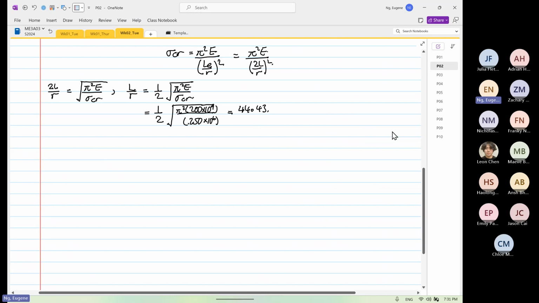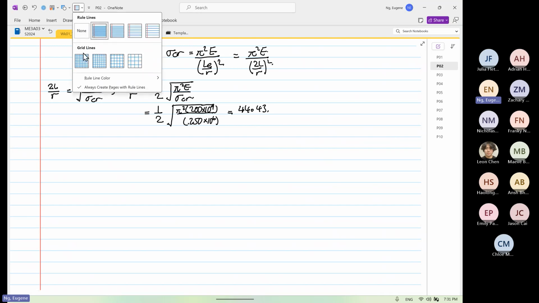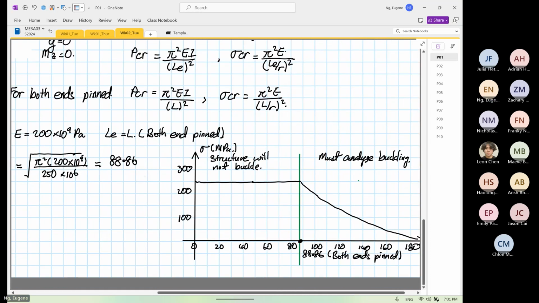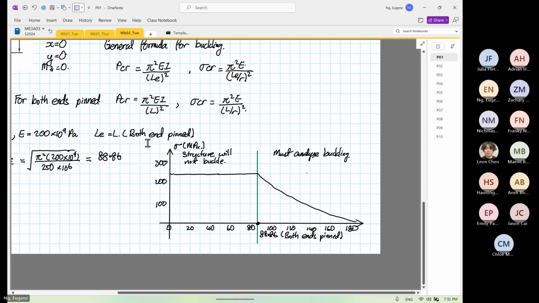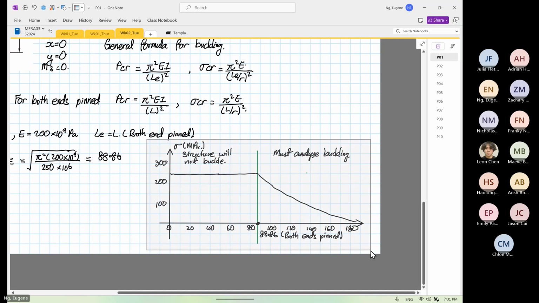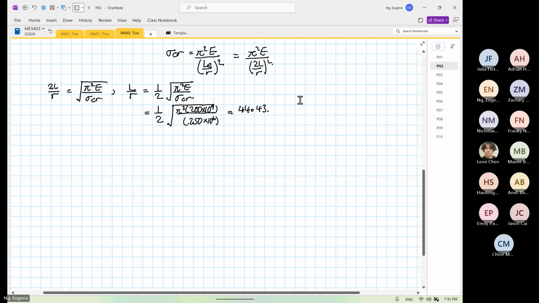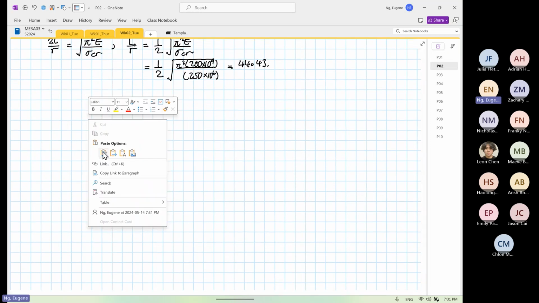Let me get the same graph that we drew earlier and paste it here.